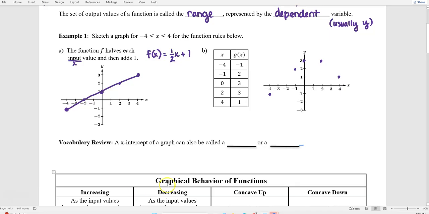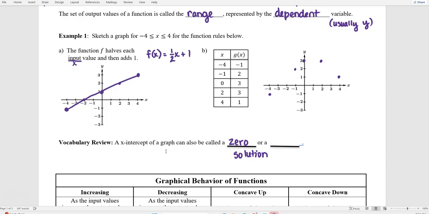Okay, just a quick vocabulary review right here because you're going to see some of these on your assignment. An x-intercept of a graph can also be called, anybody remember a different word for an x-intercept? A zero. Good. I'm going to put that down below.